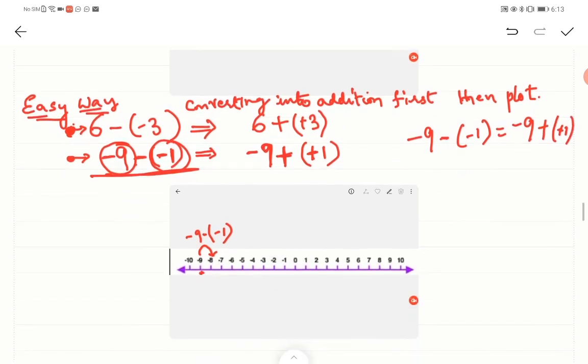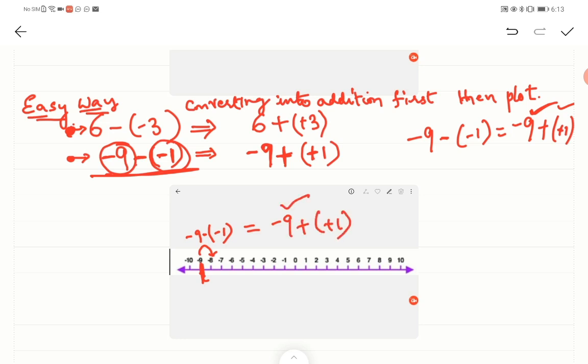Okay, now plotting again, it is easy now. So first number is minus 9. Okay, so minus 9 is here, and how many steps you need to move forward or backward? Since it is plus 1, minus 9 plus 1.